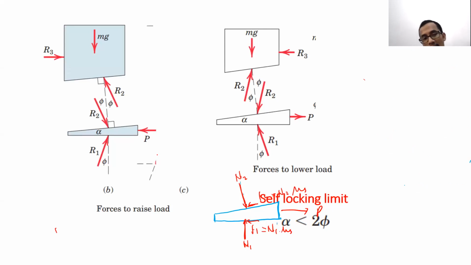As you can see there, the self-locking limit is alpha is smaller than 2v. If alpha is smaller than 2v, then the wedge will self-lock.